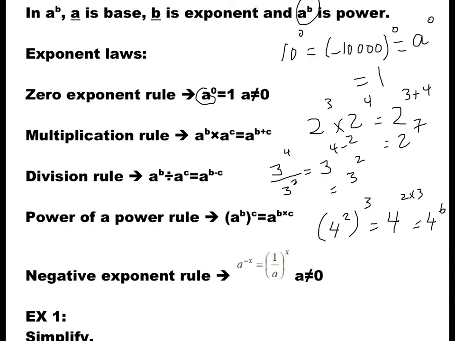The last rule is the negative exponent rule. This says that any base to a negative exponent is the same base flipped, but this time to the opposite exponent. This means that a exponent negative x is the same as 1 over a exponent x: flip the base, and the exponent becomes positive.